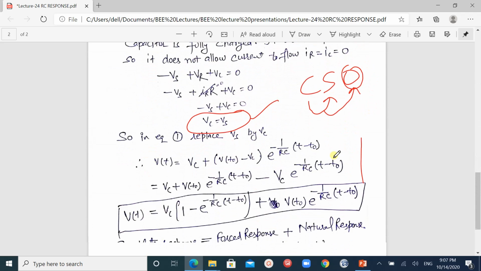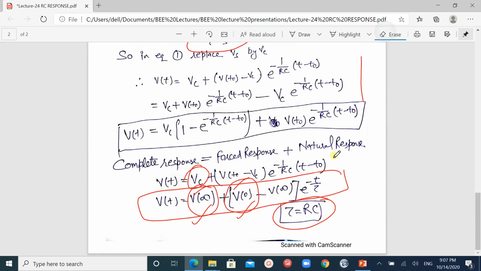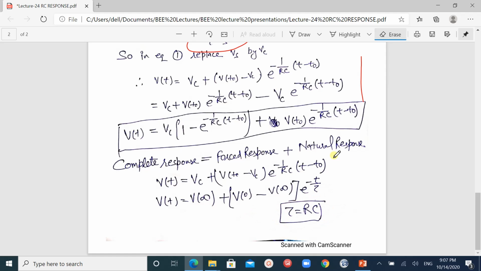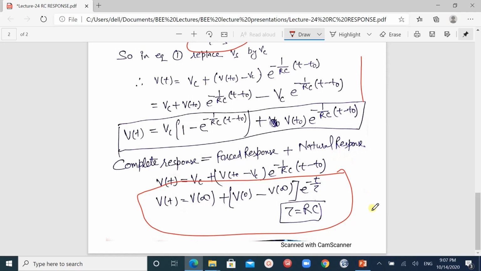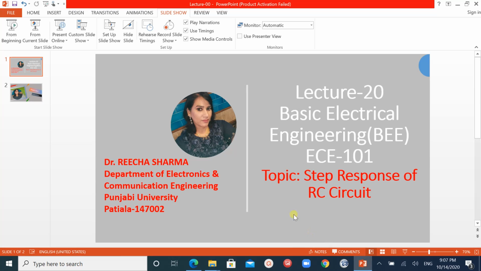Finally we got this equation, which we use for solving numericals: Vt is equal to V infinity plus (V0 minus V infinity) into e raised to power minus t by tau, and tau is equal to RC. So this is about the step response of the RC circuit.